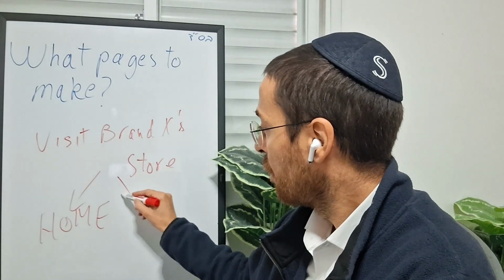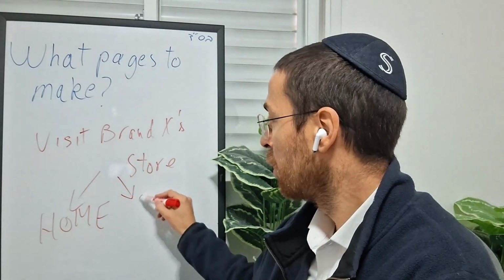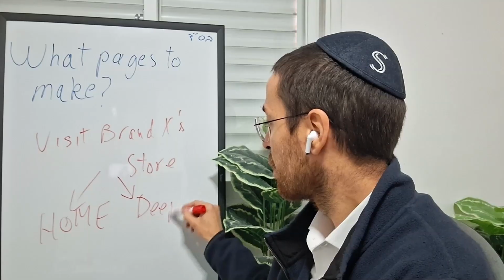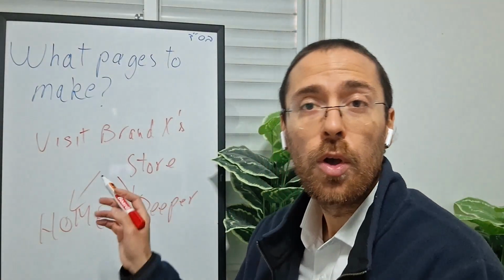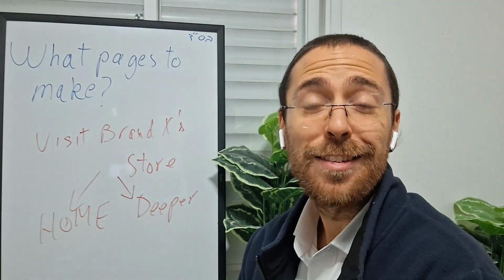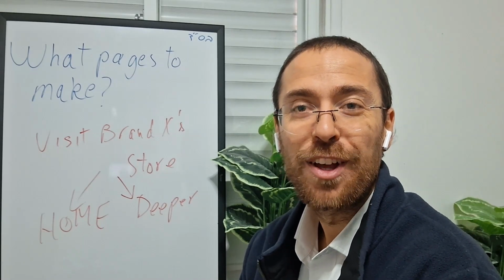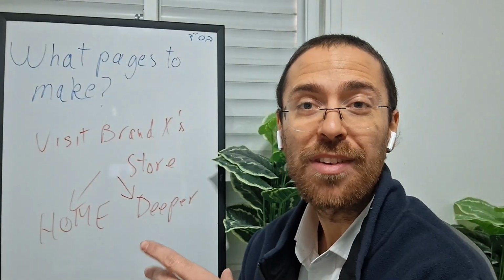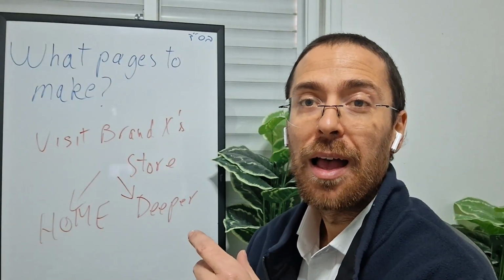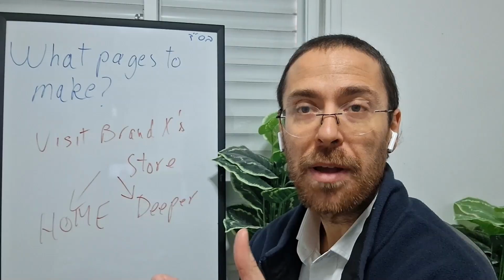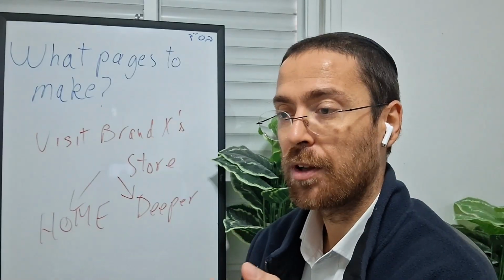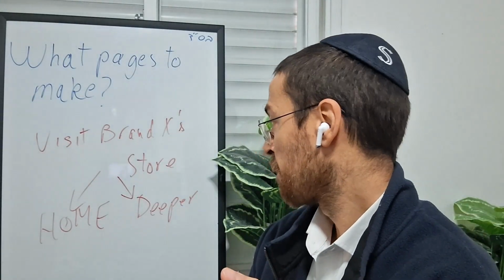But now it's also going to deeper pages in the store. The problem with this is that the deeper pages don't necessarily actually have the product that they were browsing on them. And it seems to be run by some kind of AI that Amazon is working in the background.